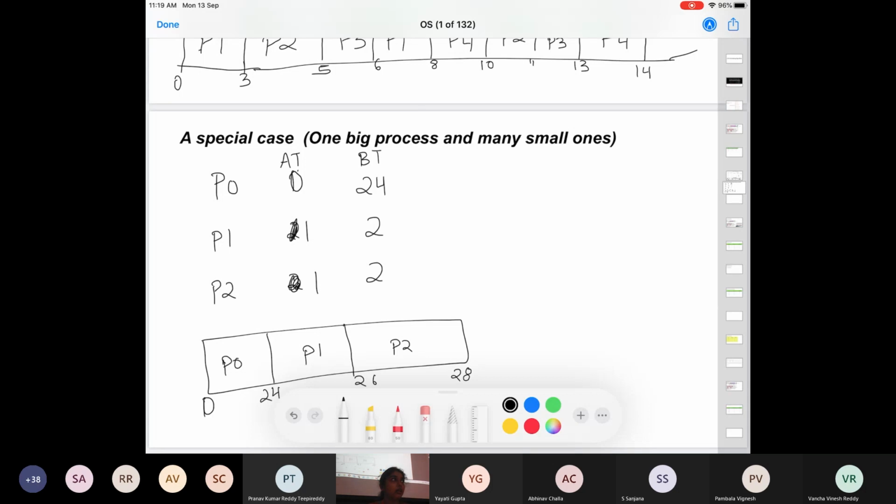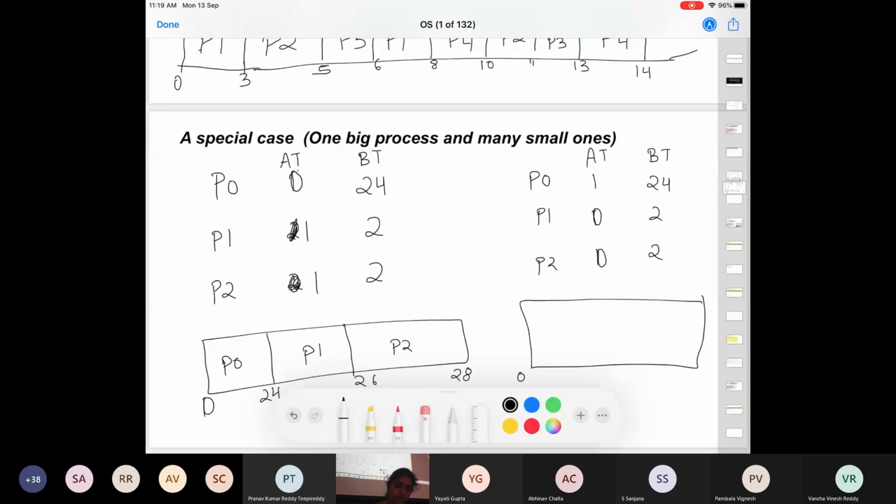On the other hand, if the situation was slightly different, assume that I again have these three processes, but the arrival time of P0 is slightly late, right? Let's say both of these came at 0. Now if you apply first come first serve scheduling here, at time 0, P1 will start executing, will execute till 2.